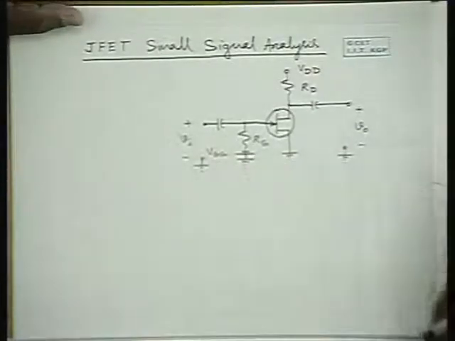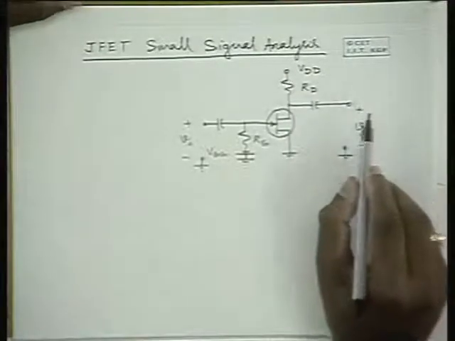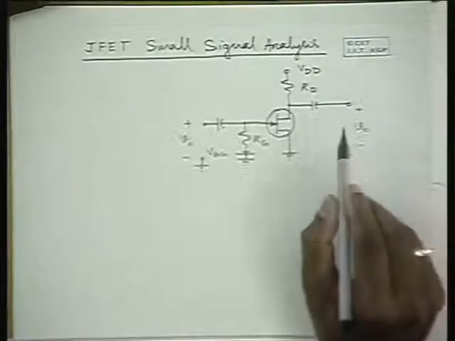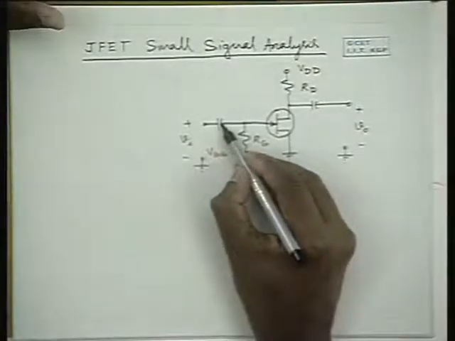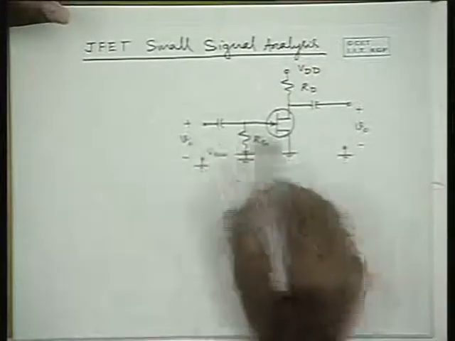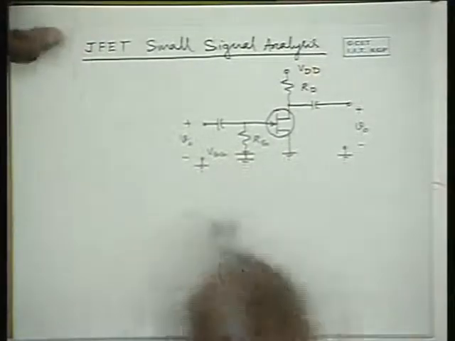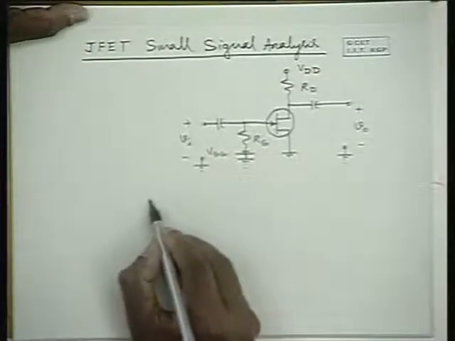As I explained earlier, the DC source is a short circuit as far as the alternating signals are concerned, and the coupling capacitors offer negligibly small impedance, therefore they also act like short circuits. Hence, the AC equivalent circuit is as shown here.